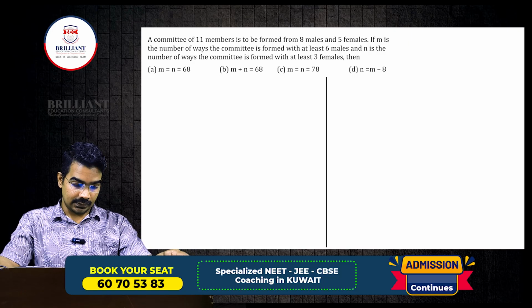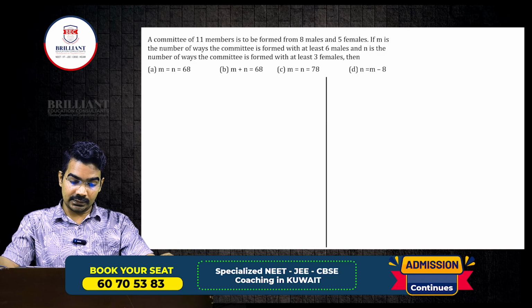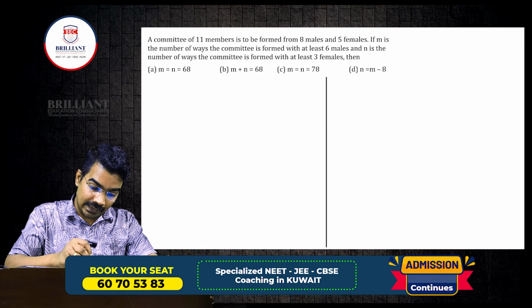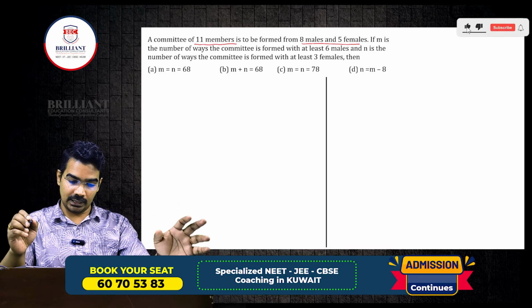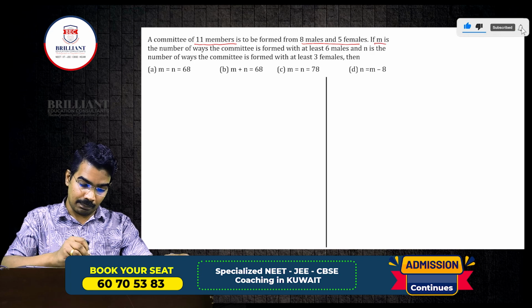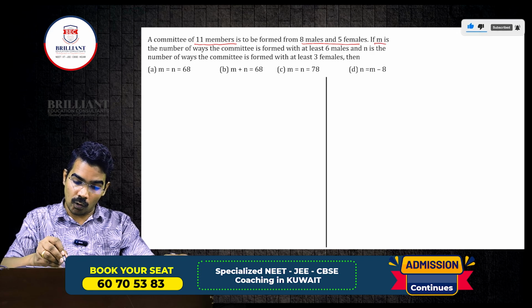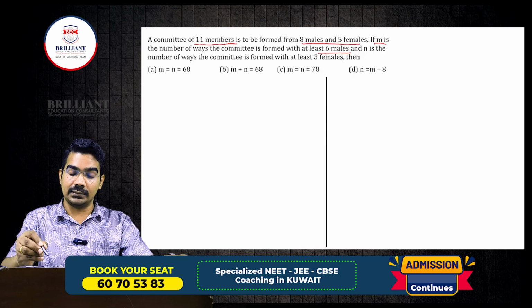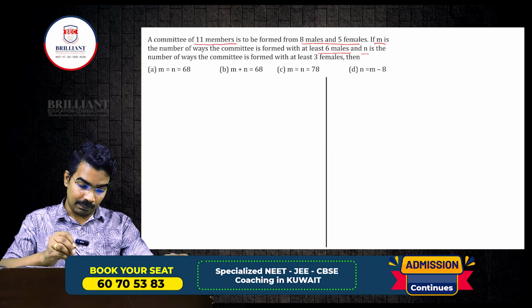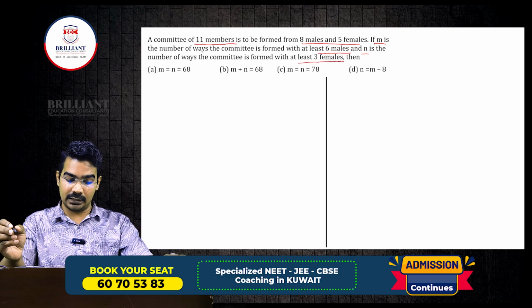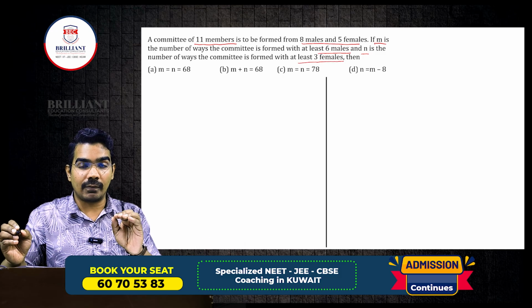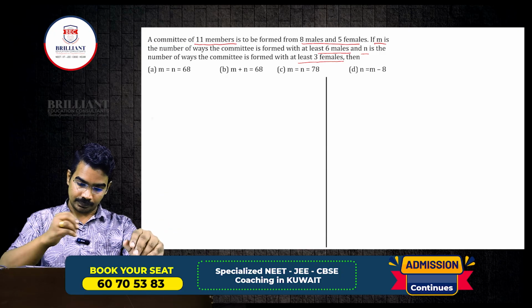So the next question is, a committee of 11 members is to be formed from 8 males and 5 females. If M is the number of ways the committee is formed from at least 6 males and N is the number of ways the committee is formed from at least 3 females, then we have to find out the value of M and N. Okay.